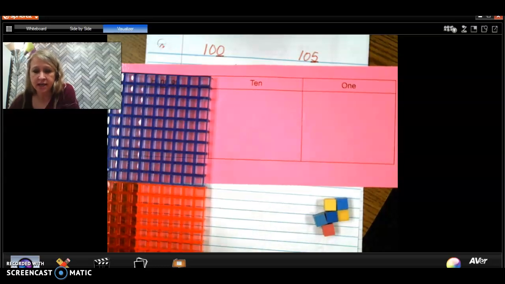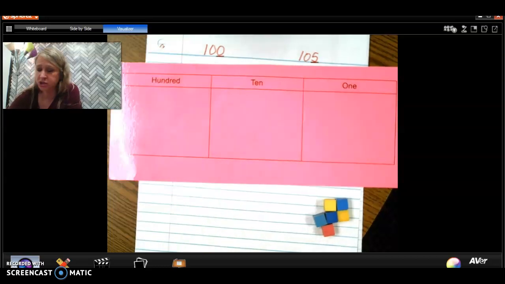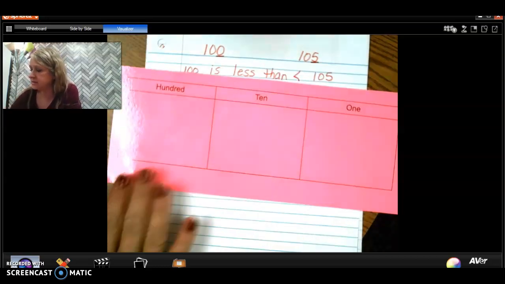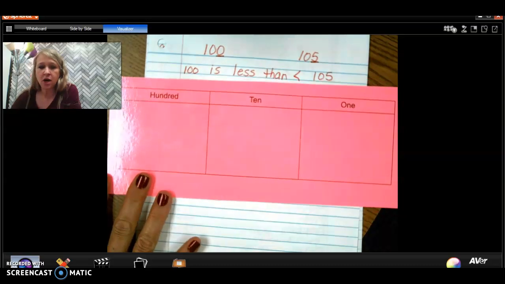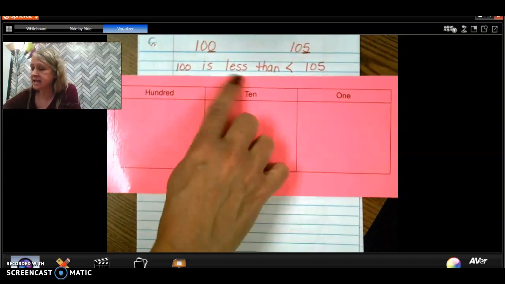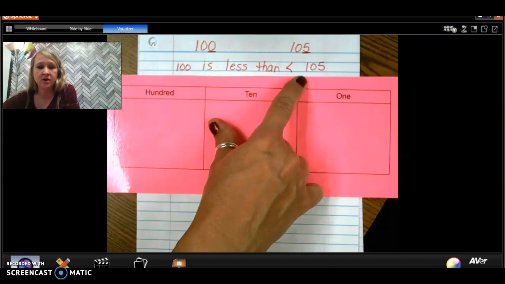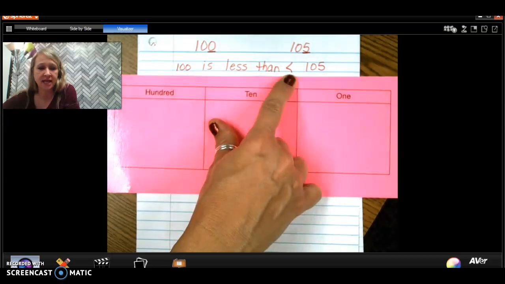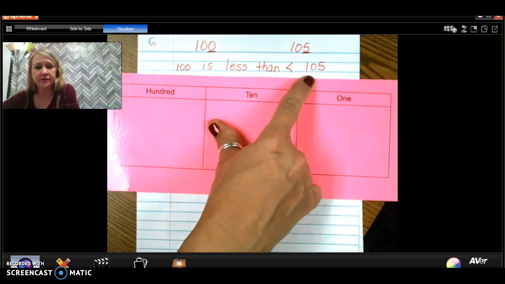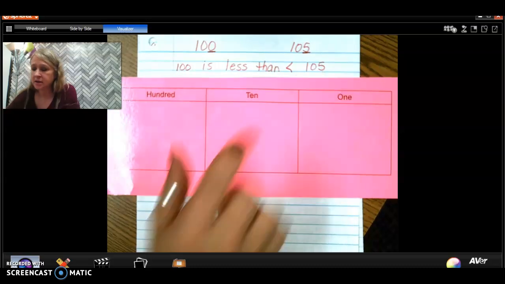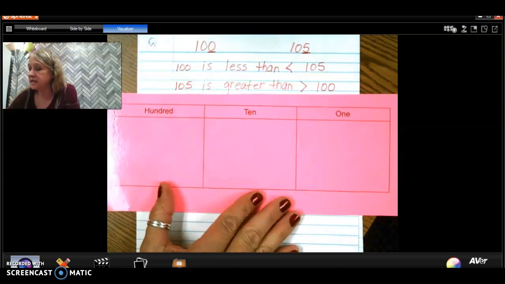Now let's write a comparative sentence to show which number has less. So I wrote 100 is less than, there's my L, my crooked L for less than, 105. And then what can I say about 105?